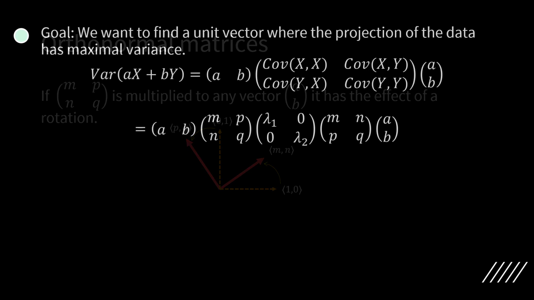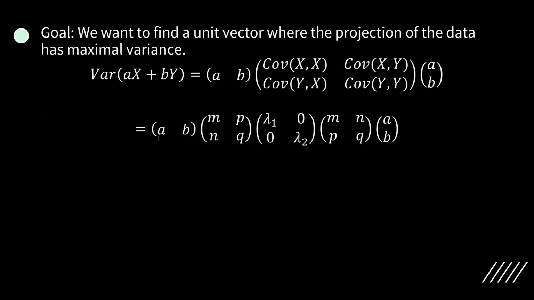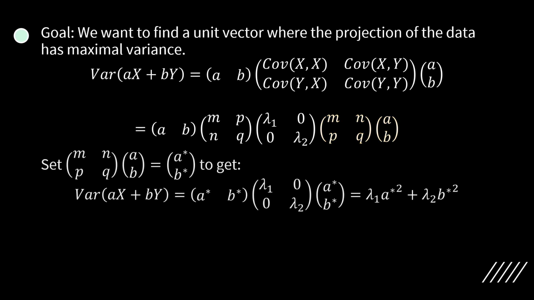Okay, now back to what we are trying to do. We want to maximize this, but we know quite a bit about this matrix. Now we know that this matrix times (a, b) is just the rotation of a unit vector, and since rotating a unit vector still preserves its size, in other words it is still a unit vector, we can name it (a star, b star).